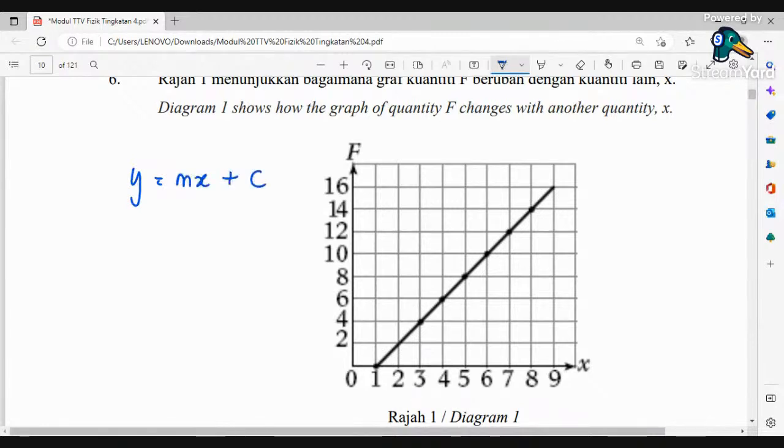So Y equals, okay, so you check, F is Y, and this one is X already. So it's F equals mx plus c. Now your job is to find what is m, what is c. Okay, so try to find the gradient.